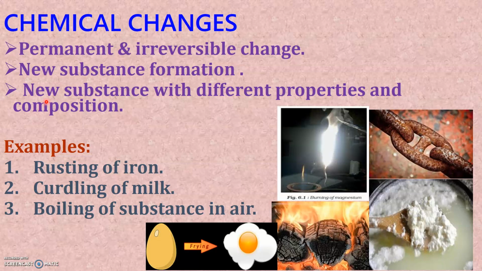Let's see. When we bring a magnesium ribbon and burn it in the air, what happens? As you can see here in the picture, magnesium ribbon burns with a dazzling white flame in the presence of oxygen. This forms a new substance called magnesium oxide. That means here a chemical reaction is taking place.